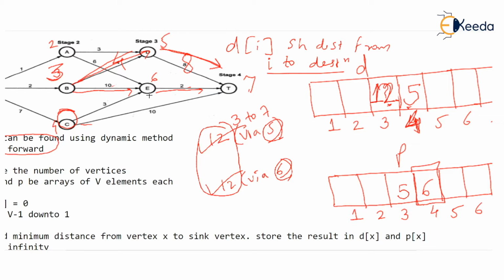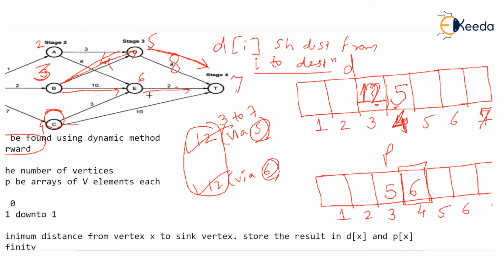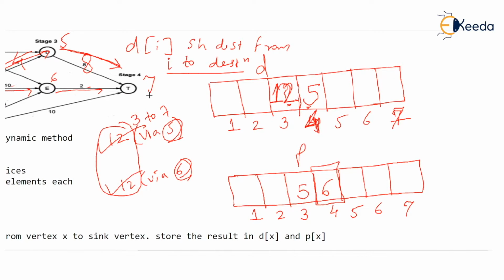Isn't it so? So coming to a very important question, what is going to be D7 here? Think about it. Isn't D7 meaning shortest distance from 7 to 7? Because D4 means shortest distance from 4 to 7. D3 means shortest distance from 3 to 7. DI means shortest distance from I to 7 because 7 is our destination.